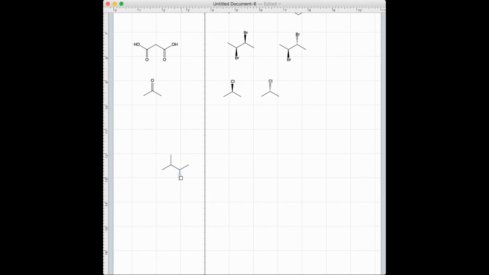So I'm drawing the one molecule here. So you can see how in this picture, okay, this is the 3D picture.